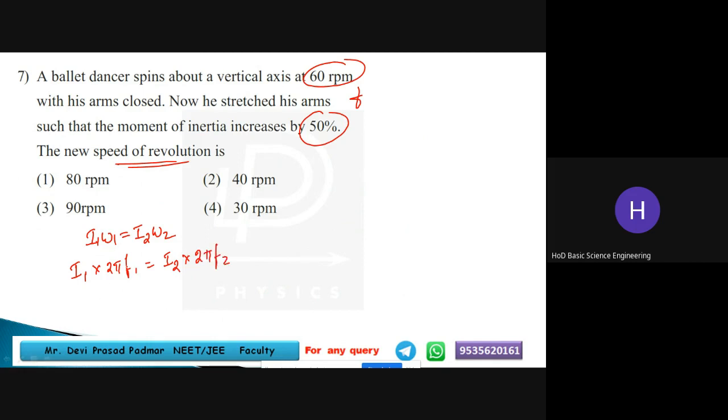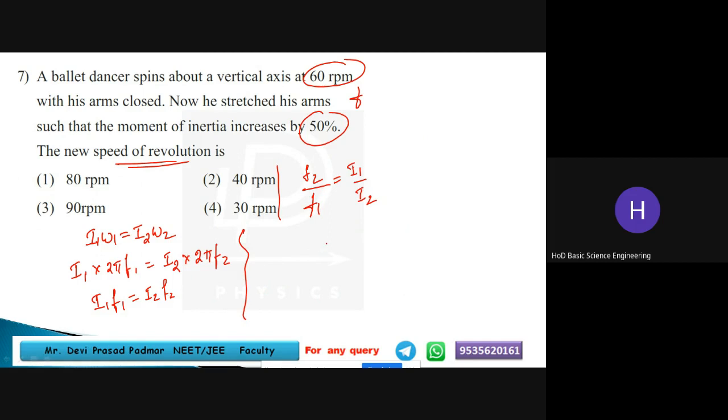The 2 pi gets cancelled, so I1 f1 equal to I2 f2. Therefore f2 divided by f1 is nothing but I1 divided by I2.